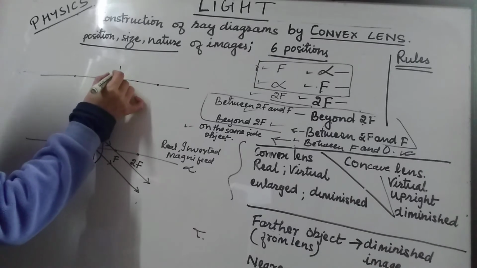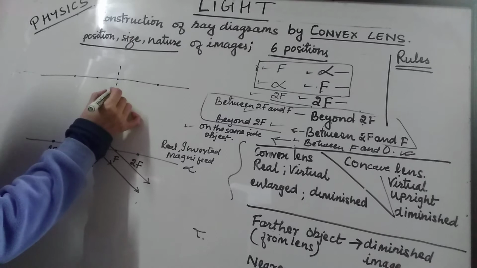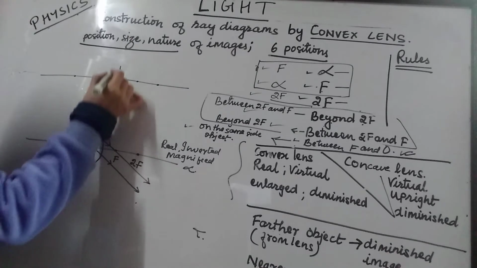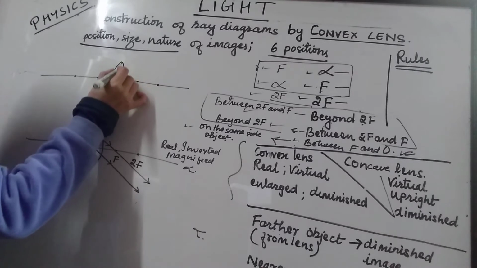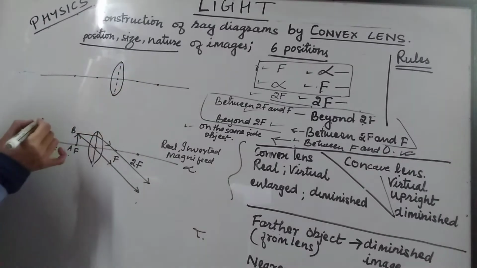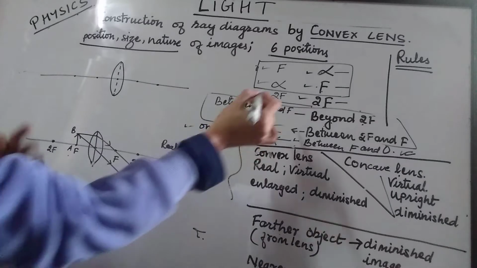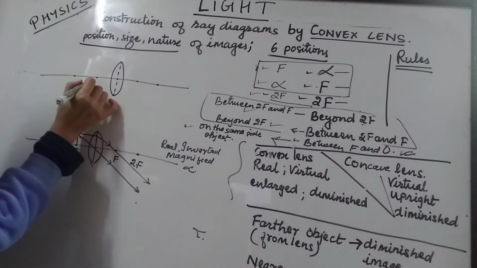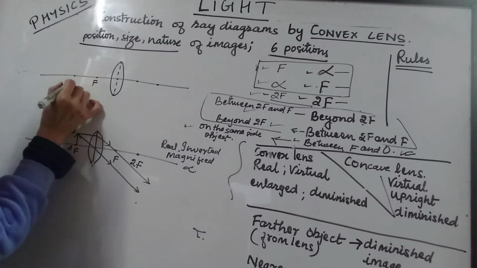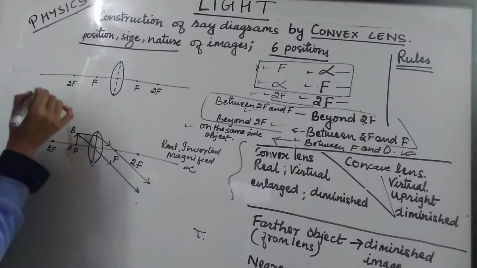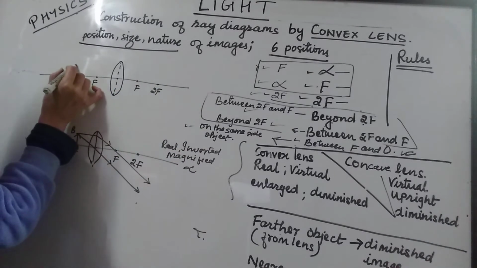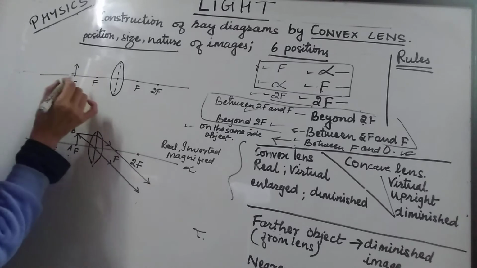Equidistant means an equal distance away from each other. This is the lens position. Now the object is at 2F, F 2F, and this is F 2F, right? So here the object is at 2F.